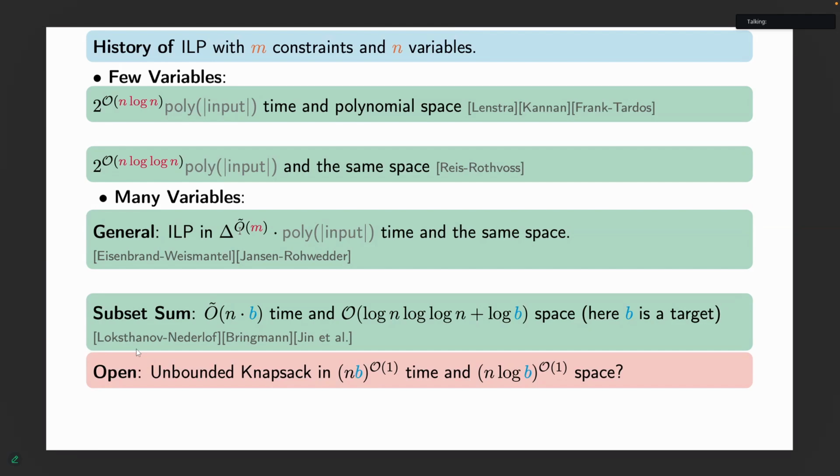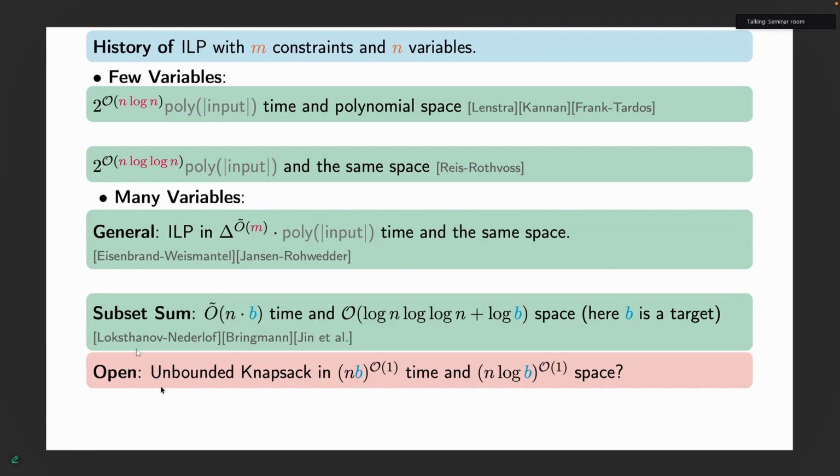But it works in polynomial space, while the running time is exponential in the input size. The lower bound is an ETH lower bound, which doesn't care about space. What we want here is polynomial space, but we have a bit higher running time. So it's very possible that you can still improve this log in the exponent.